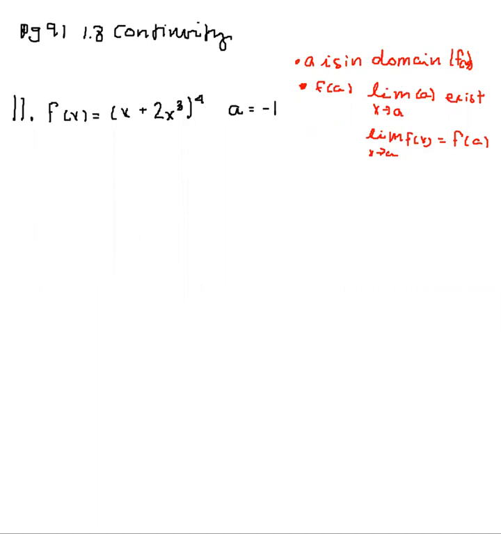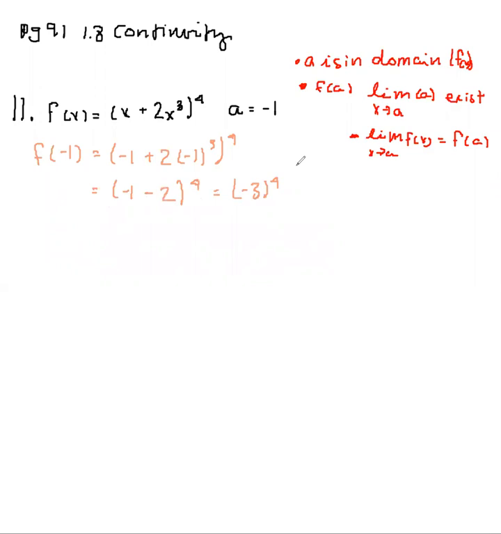We can start by checking to make sure that f of a exists. We can do that by plugging in -1. So f of -1 is equal to -1 plus 2 times -1 cubed to the fourth. So this would be -1 minus 2 to the fourth, which is -3 to the fourth.